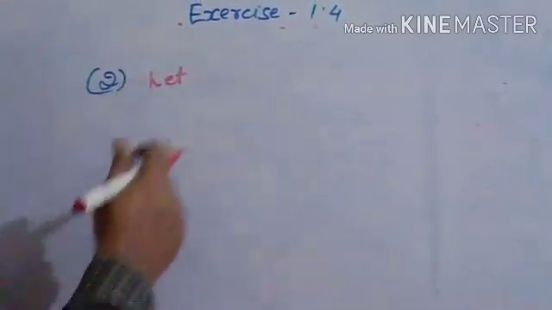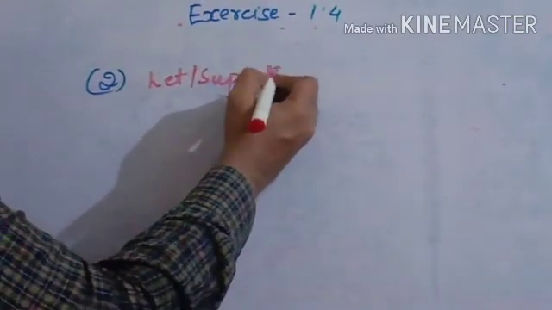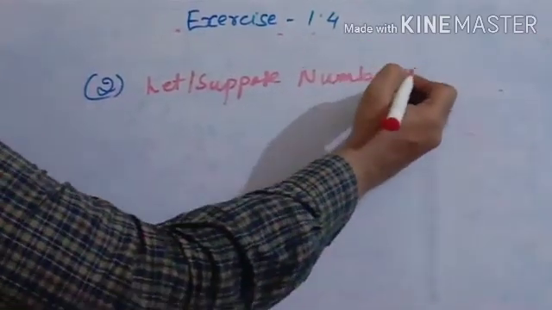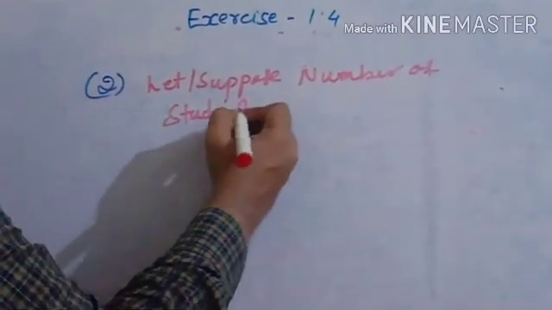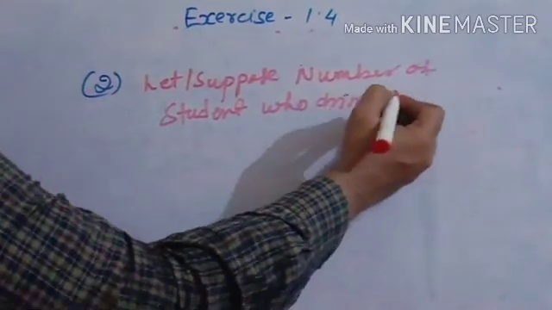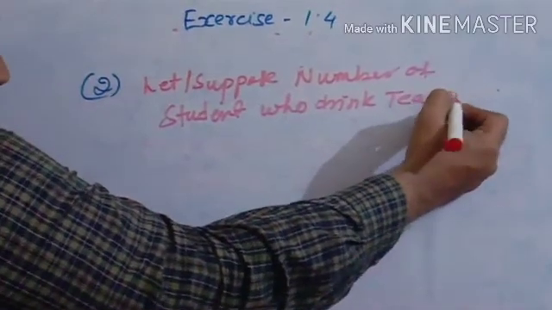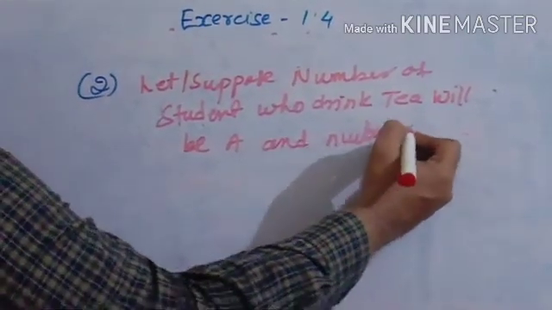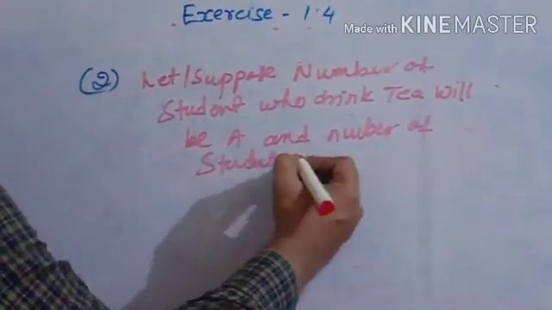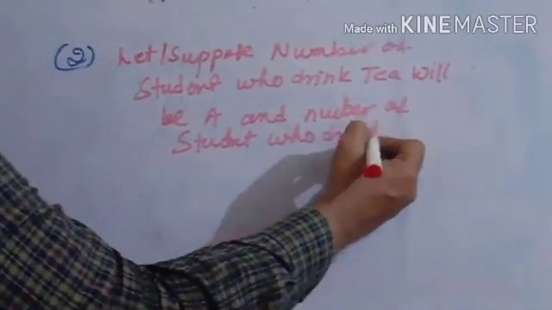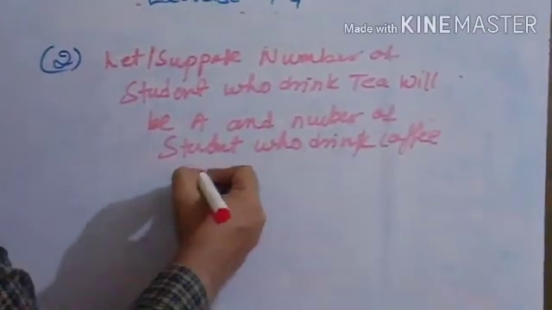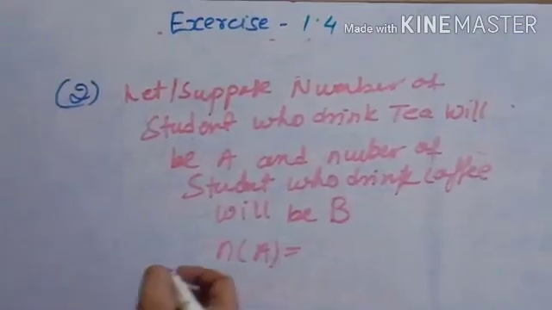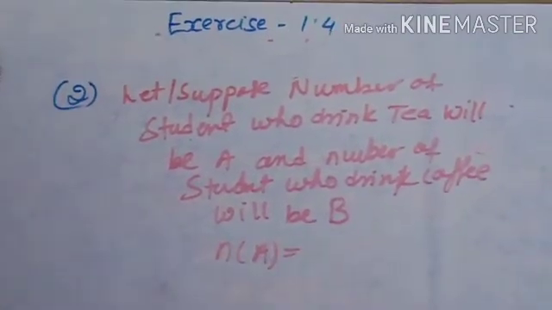Suppose the number of students who drink tea will be A, and the number of students who drink coffee will be B. So number of A is equal to 80.